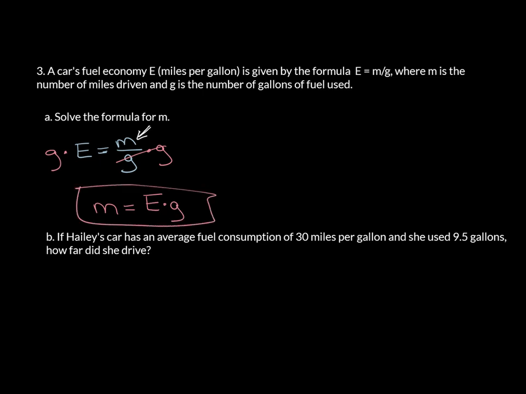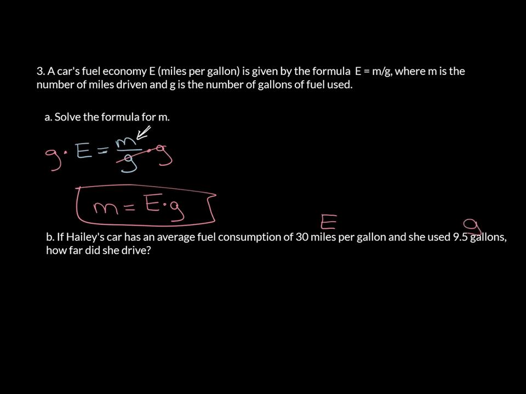B says if Haley's car has an average fuel consumption of 30 miles per gallon, so this is fuel consumption, miles per gallon, that's the economy, and she used 9.5 gallons, how far did she drive?